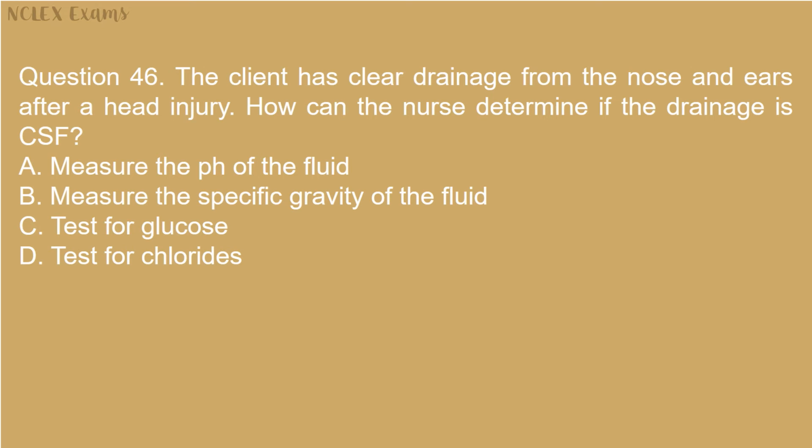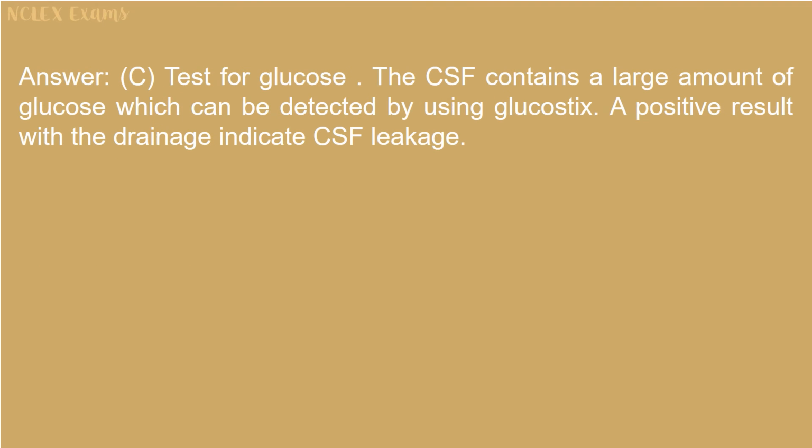D. Test for chlorides. Answer: C. Test for glucose. The CSF contains a large amount of glucose which can be detected by using glucosticks. A positive result with the drainage indicates CSF leakage.